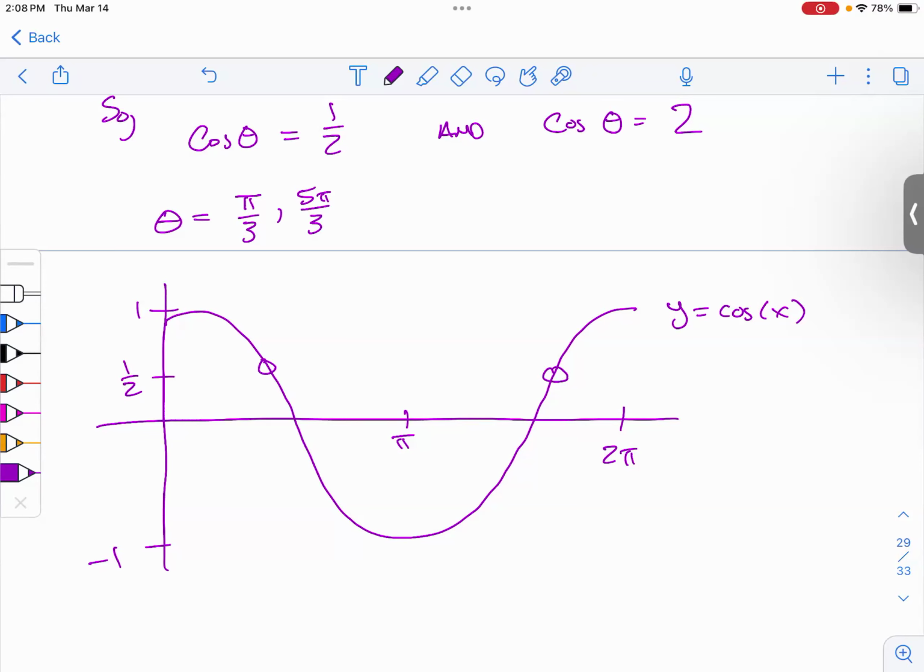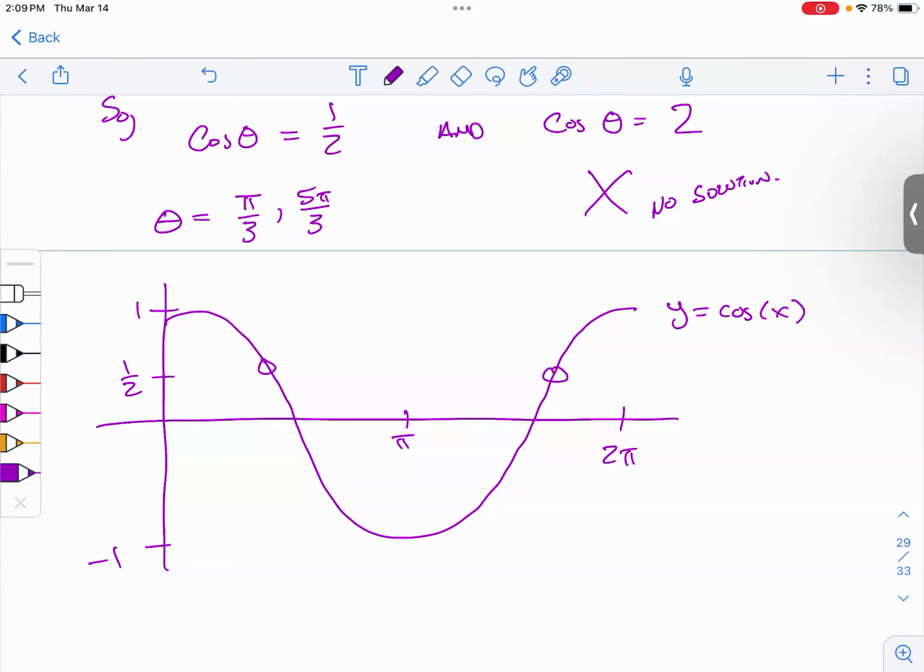All right. Where is cosine theta equal to 2? Oh, never. That's kind of tricky. A lot of times I don't put the -1 to 1, but I put it on here just to further emphasize that the maximum of an unadjusted cosine graph is 1. There's no solution to this one. And that happens all the time.